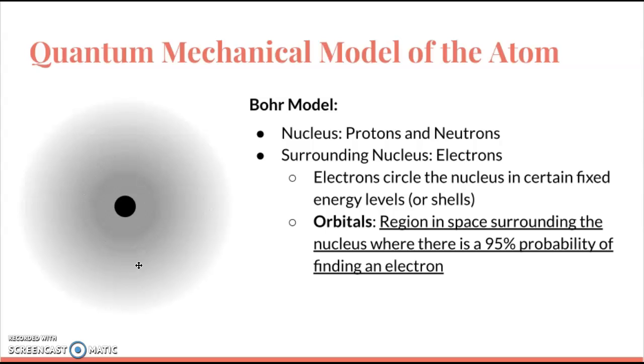If I have something closest to the nucleus, it's energy level 1, then energy level 2, energy level 3, and so on, right? And those areas surrounding my nucleus is what I'm going to call orbitals, right? So regions of space that surround the nucleus where there's a 95% probability of finding an electron, right? So if I were to pick any one spot surrounding my nucleus, there's a 95% chance that I could find an electron. All right.